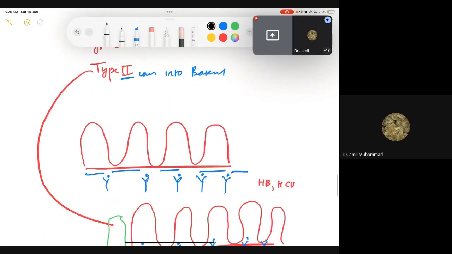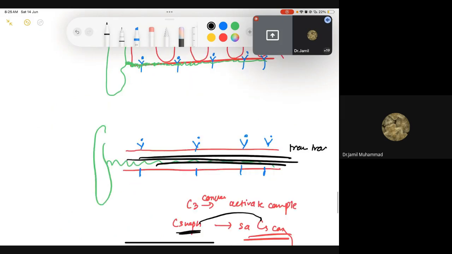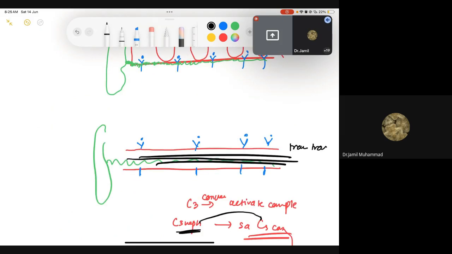And in type 2, they penetrate further into the basal membrane, the GBM. Due to this immune response, the mesangial cells split the immune complex into two parts, and that causes the splitting of the GBM, glomerular basement membrane. On electron microscopy, it shows like a tram track.